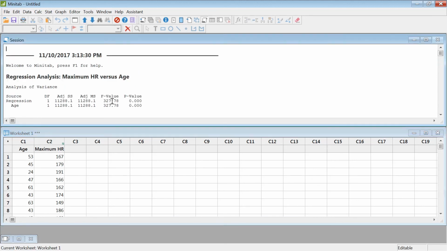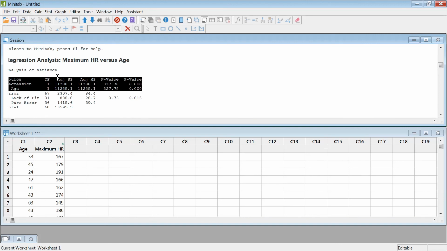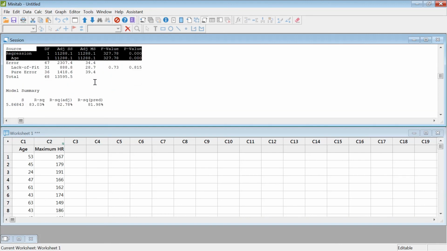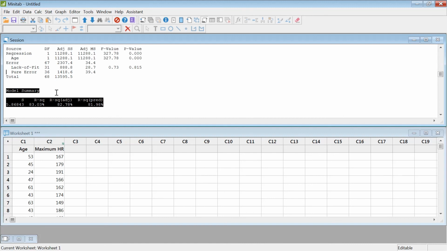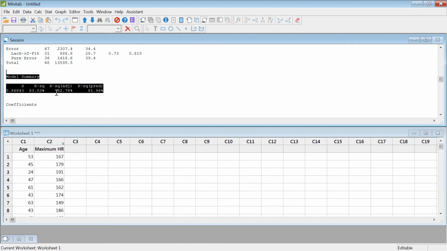So when the model is statistically significant, you see the p-value is less than 0.05, meaning that age has a significant impact on maximum heart rate. Then you go for the practical significance, the r-square value. How much variation in the maximum heart rate can be explained by the variable age?